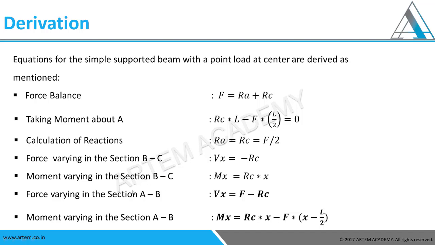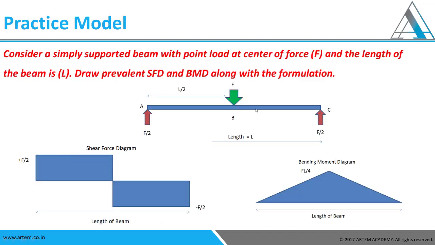Now talking about AB, if we cut a section between A and B, there is one downward force, a positive downward force, because we are moving from right to left according to the sign conventions that we have assumed. And also to tell you, you can always take any sign convention, it's up to you, but it's preferred that you follow this convention because it is accepted in the books and it would not confuse you.